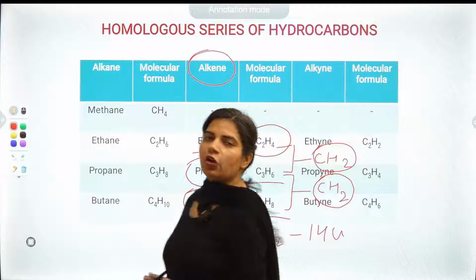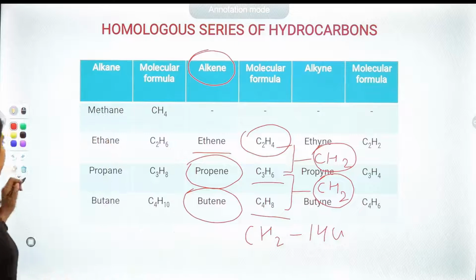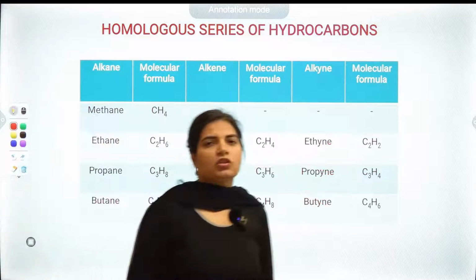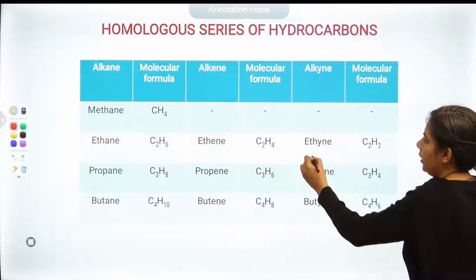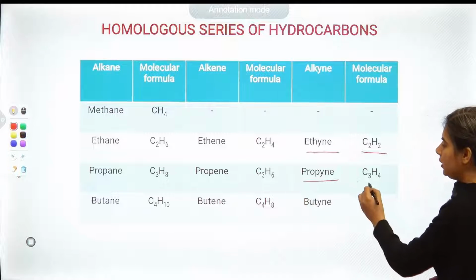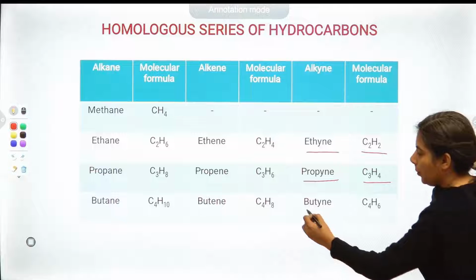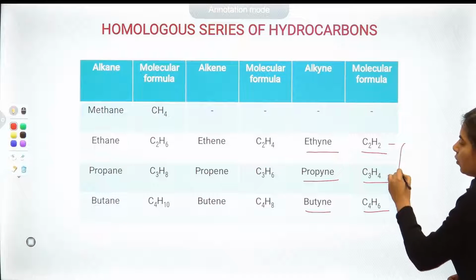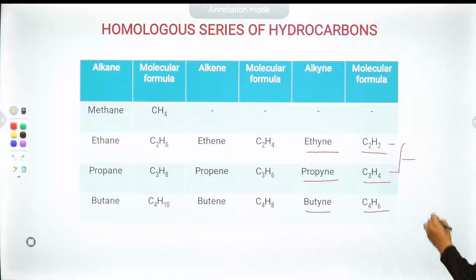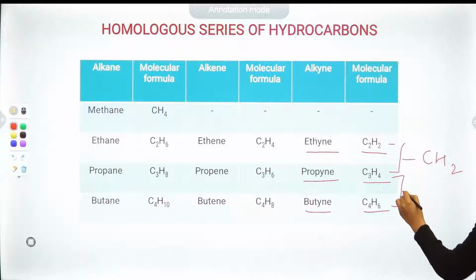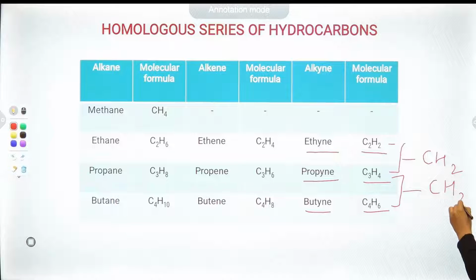And if I talk about another series, that is alkyne, in case of alkyne, we have ethyne C2H2, propyne C3H4, butyne C4H6. And the difference between these two members will be CH2, and these two members will be CH2.